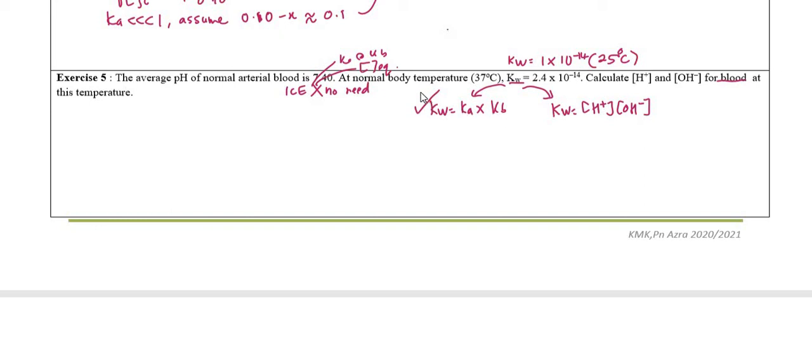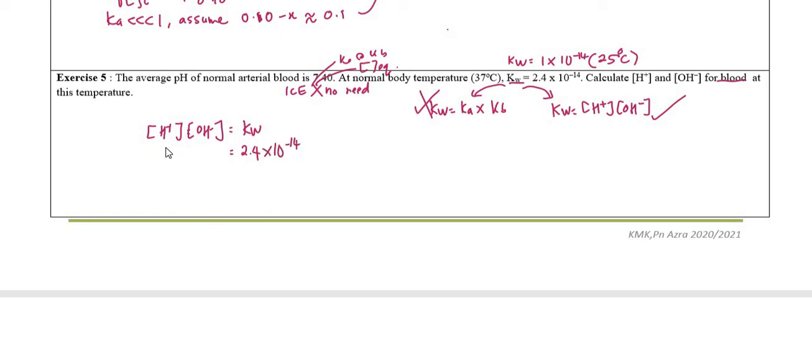Okay, so not suitable. The only suitable here is the second formula. So you have to start with the formula. Okay, become Kw. For this case, Kw already given 2.4 exponent negative 14.